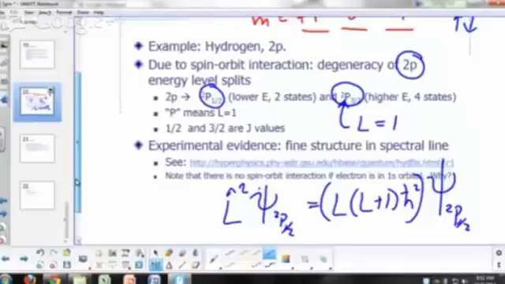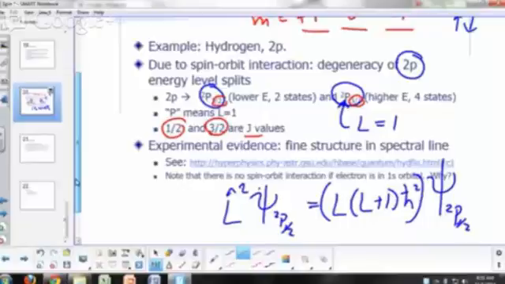Now the 1/2 and the 3/2 label here, that's the total J. That's a quantum number for the total angular momentum, spin and orbital angular momentum. So J equals 1/2 and J equals 3/2. Those are the allowed values of the quantum number J for the total orbital and spin angular momentum.